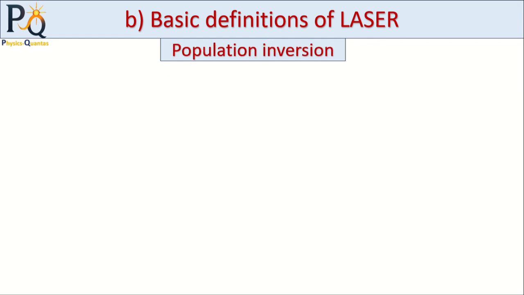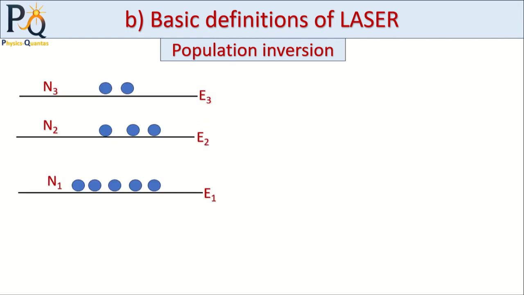Now another phenomenon, population inversion. What is meant by population inversion? We'll see. Again, if I consider three energy states, let them be E1, E2, E3, and N1 is the number of particles in the E1 state, N2 is the number of particles in the E2 state, N3 is the number of particles in the E3 state.